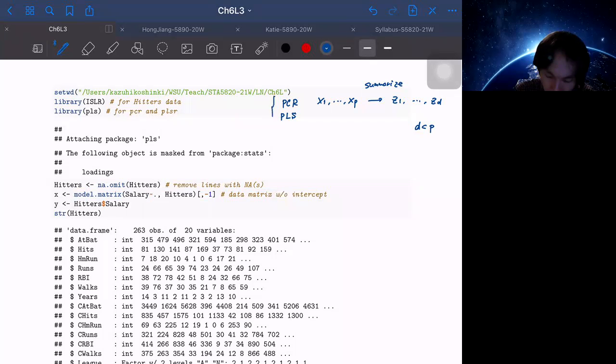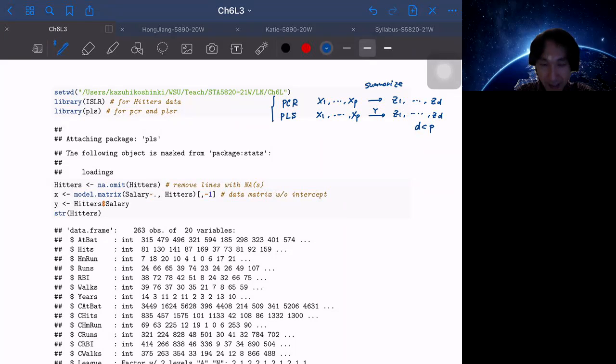The difference between PCR and PLS is that we use the information of y for PLS. In PCR, the summarizing part, the dimension reduction part, and the regression part are separated. In PLS, it's combined.